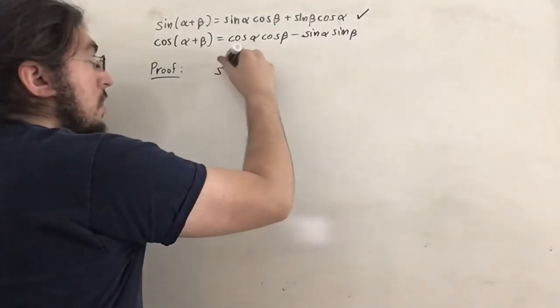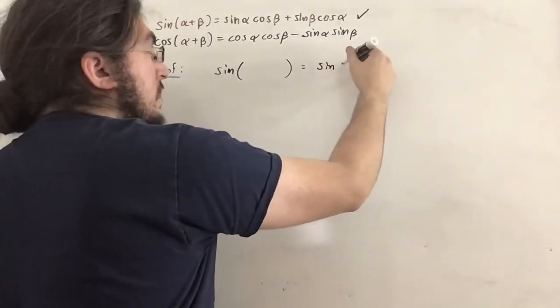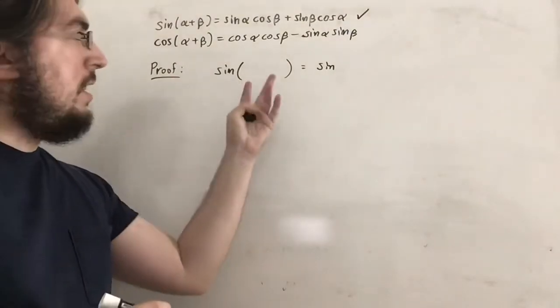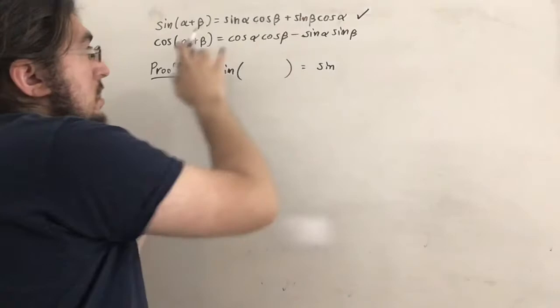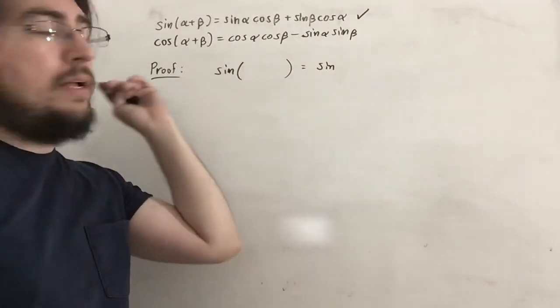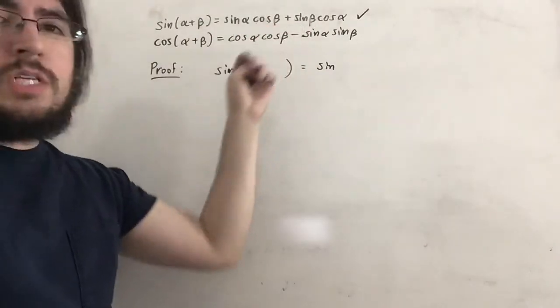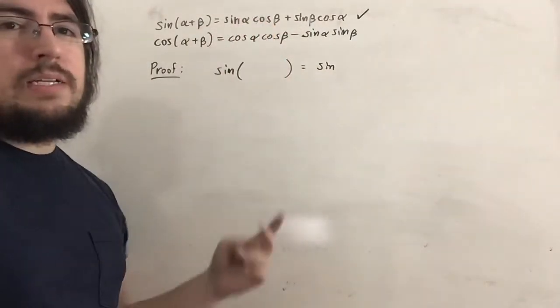So let's recall that sine of alpha plus beta is equal to sine alpha cosine beta plus, and so on. But I'm actually going to make this a little particular. In fact, we want to solve for cosine of alpha plus beta, meaning here, one of these arguments of cosine I'm going to call alpha plus beta. And in fact, this one is the one I want.